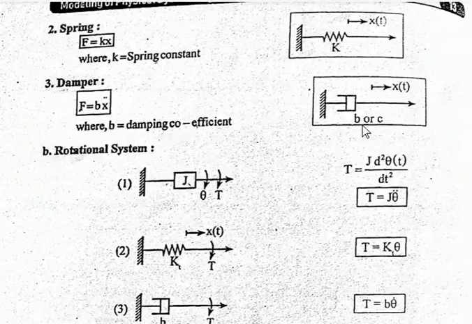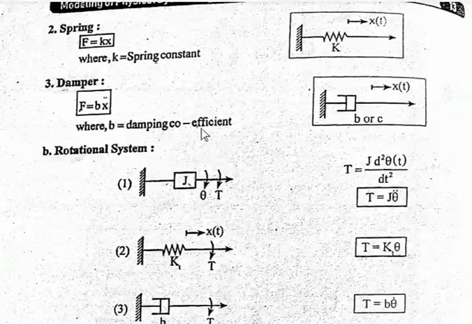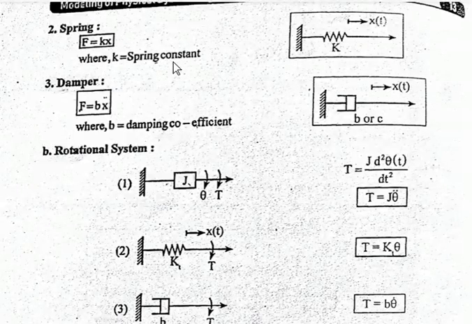Sometimes you can use B and sometimes you can use C. That is nothing but the damping coefficient. In the spring we have K as the spring constant, and in the damper we have the damping coefficient B or C. Again we apply Newton's laws of motion to this damper.